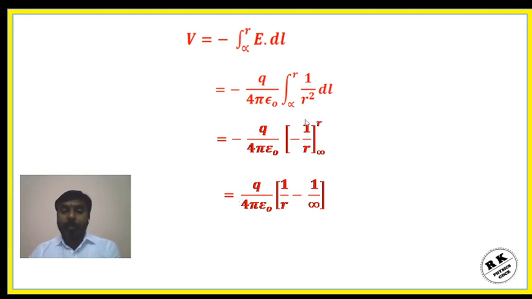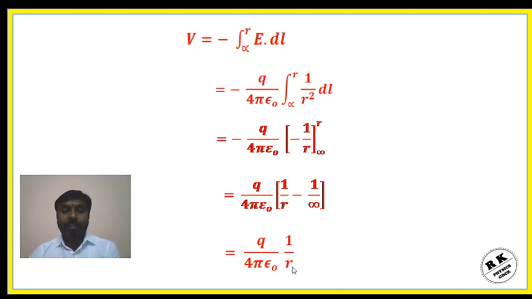Again, if we look at this equation, 1 by infinity is equal to 0, so this second term becomes 0. We will remain with only one term, that is V is equal to 1 by 4 pi epsilon naught times Q by r. If you remember, this is nothing but the potential due to a point charge.